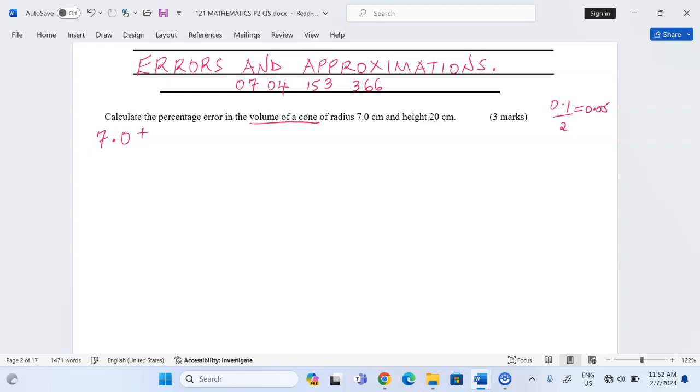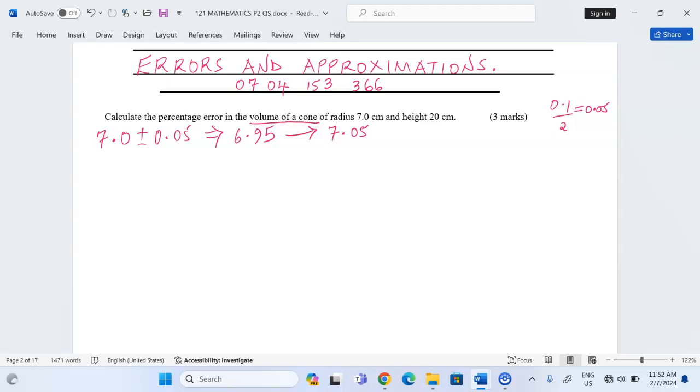Therefore, we add and subtract 0.05 to this, and we find ourselves having a range from 6.95 centimeters all the way to 7.05 centimeters. So that is the range of recording the radius.